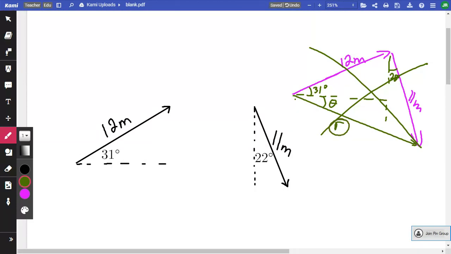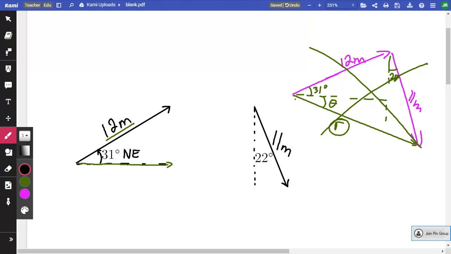Because another way to determine this 12 meters would be to say 12 meters, 31 degrees. Well, what is this 31 degrees, by the way? It is starting from east, we're going towards the north. So this would be 31 degrees north of east, by the way.